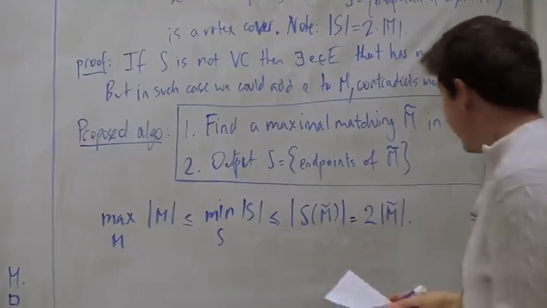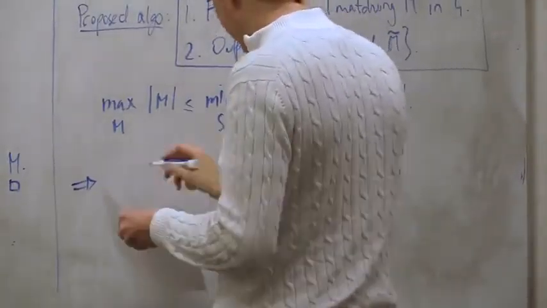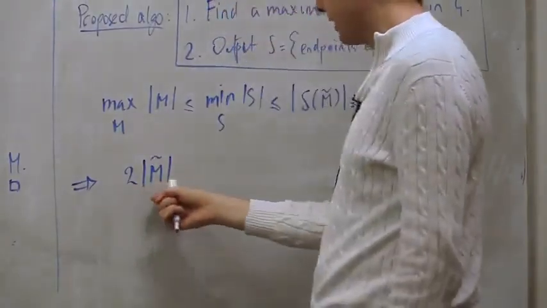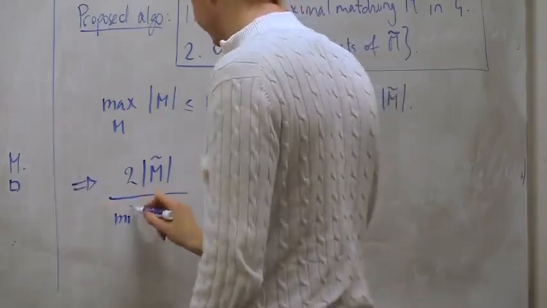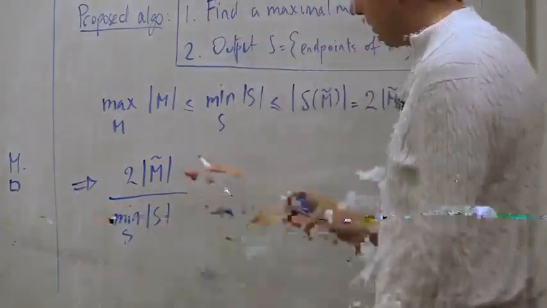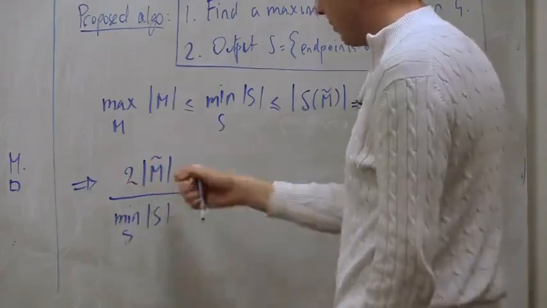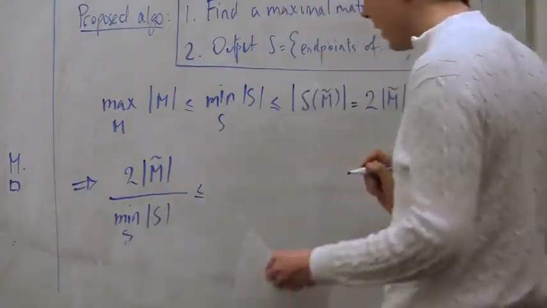Okay? Well, if that's the case, then our algorithm always returns a vertex cover of size 2M tilde, and we want to compare that against the best vertex cover. How far is it from the best vertex cover?